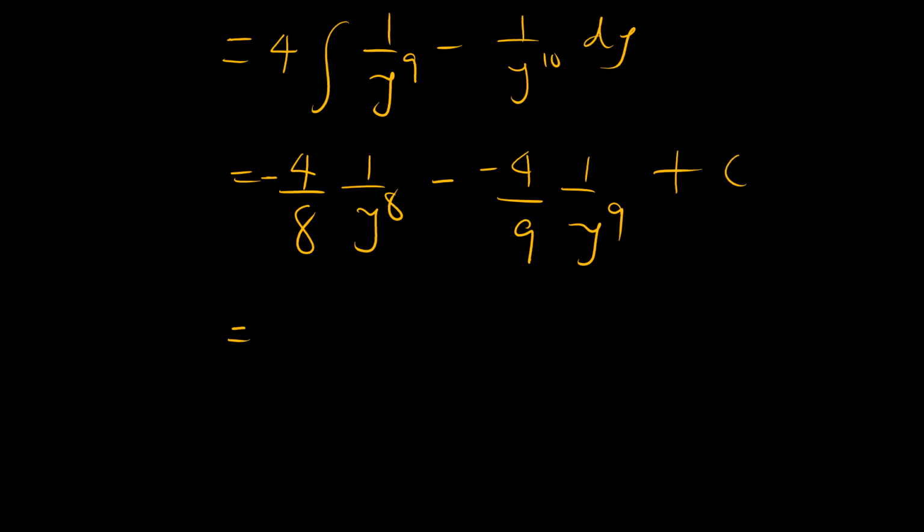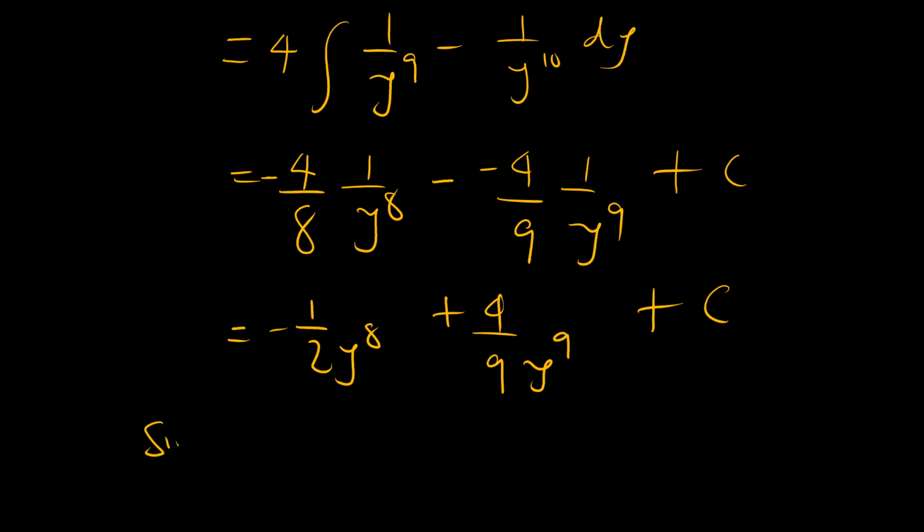Now this becomes negative a half y to the 8 plus 4 over 9 y to the 9 plus the integration constant. And since we said y equals u plus 1, we're going to substitute where we see y, we put u plus 1.